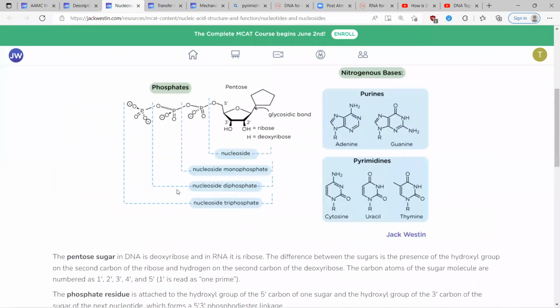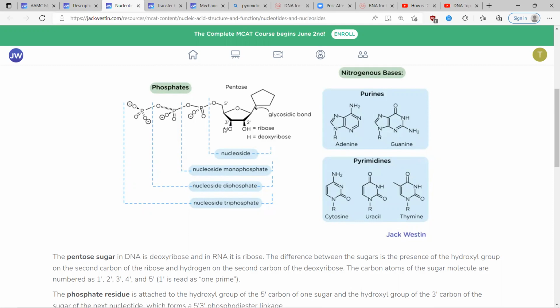The template is you have this sugar in the middle, which is a ribose sugar if this is an OH, or a deoxyribose if this is an H. So we've heard of deoxyribonucleic acid and ribonucleic acid, which is RNA, right? That's determined by this group here on the 2' carbon. Then we have this glycosidic bond to a nitrogenous base, which is one of these purines or pyrimidines.